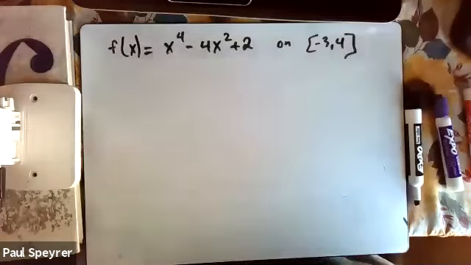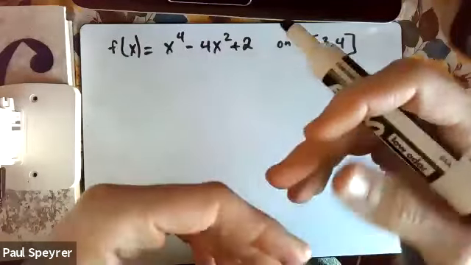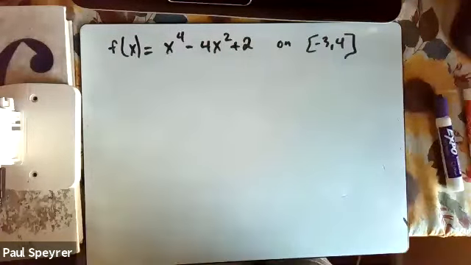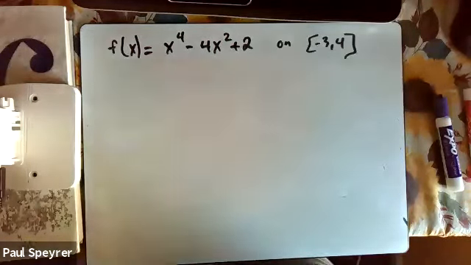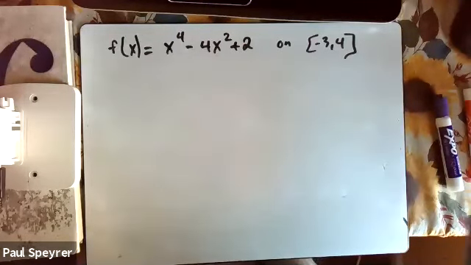So again, what do you need to do? We're going to have to sit here and find the derivative, right? Finding the derivative and setting it to 0 is going to give us critical values, right? Critical values, again, is where the derivative is equal to 0 or the derivative gives you some kind of undefined value, all right?